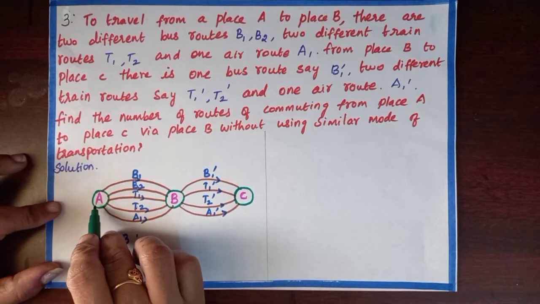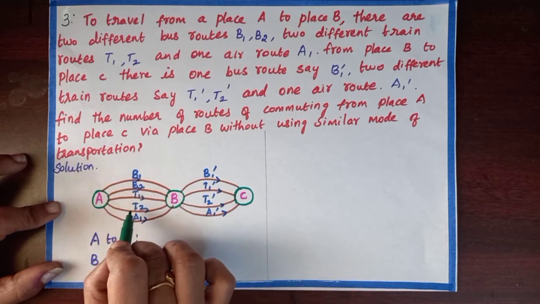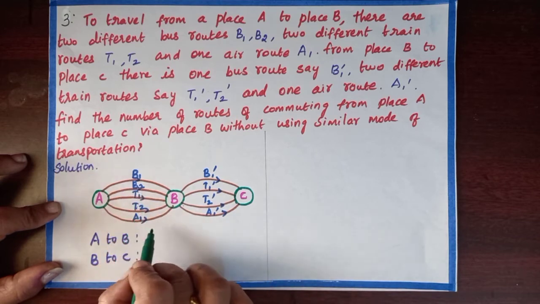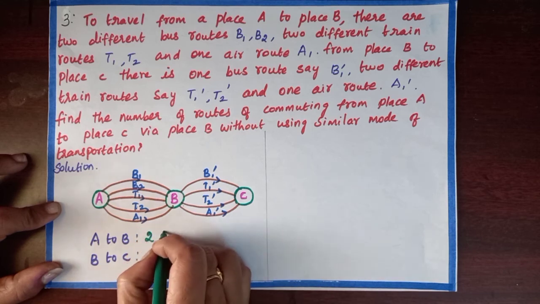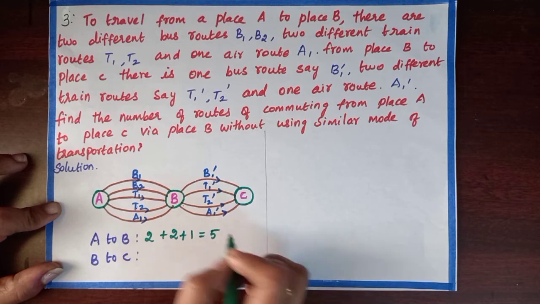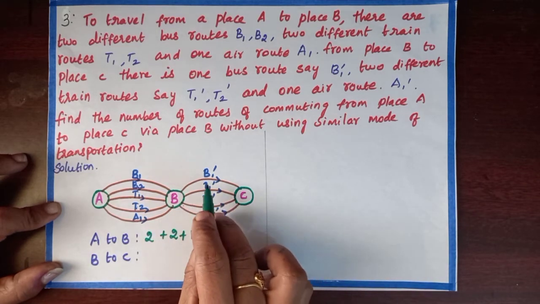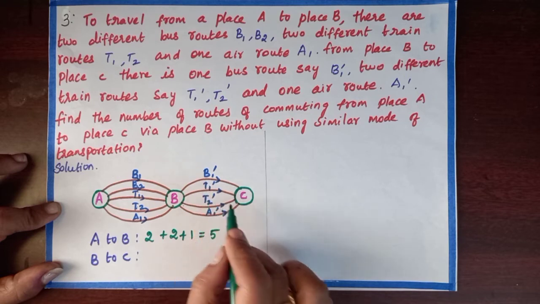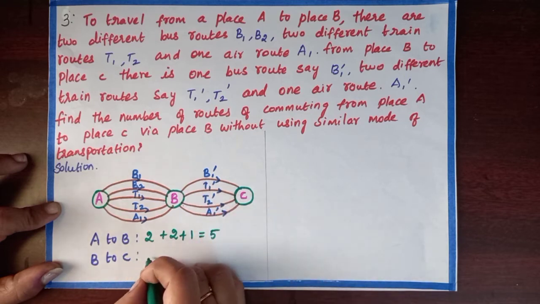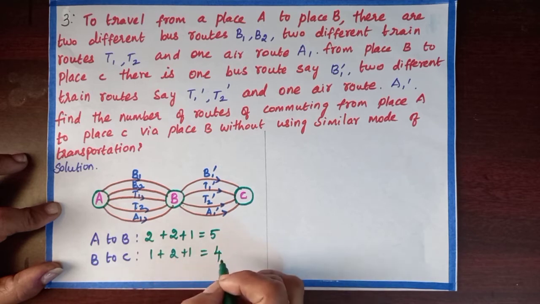Number of routes from A to B. We have two bus routes, two train routes and one air route. 2 plus 2 plus 1 is equal to 5 routes. From B to C, one bus route, two train routes, one air route. 1 plus 2 plus 1 is equal to 4.